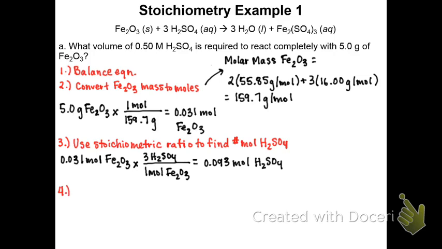So now the last step is to get back from moles, in this case, to volume. And in this case, we can use concentration. So we're told that we have a 0.5 molar solution of sulfuric acid.